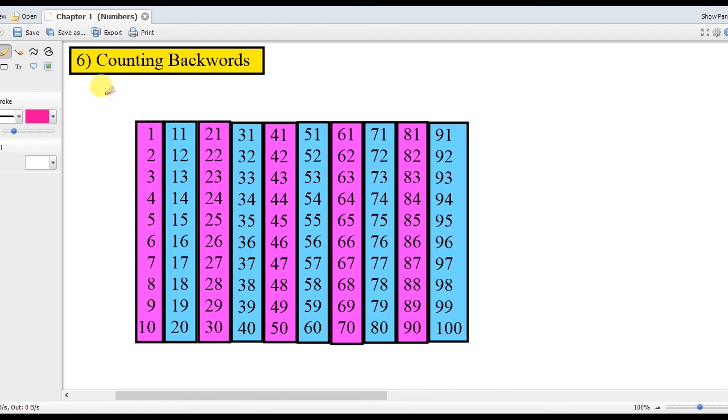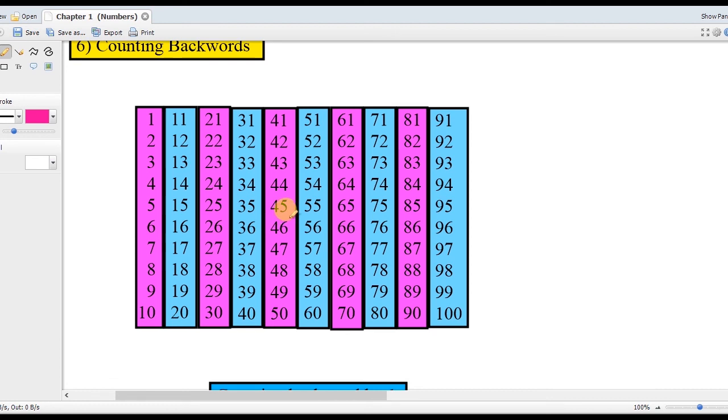Now, in this case, we learn how to count the numbers backward. For example, I'm saying the number is 50. What number comes before 50? That is 49. Before 49, that is 48. This is how we learn the numbers in backward direction.